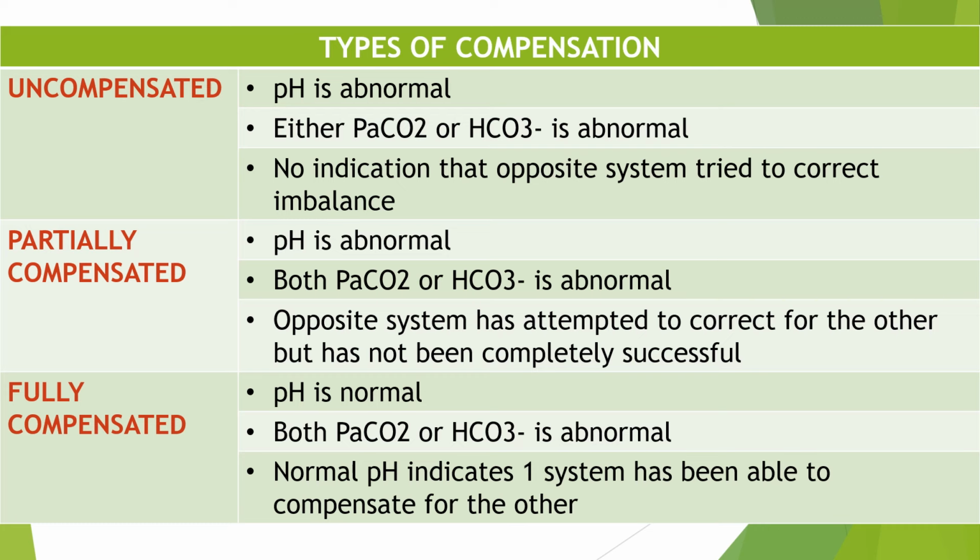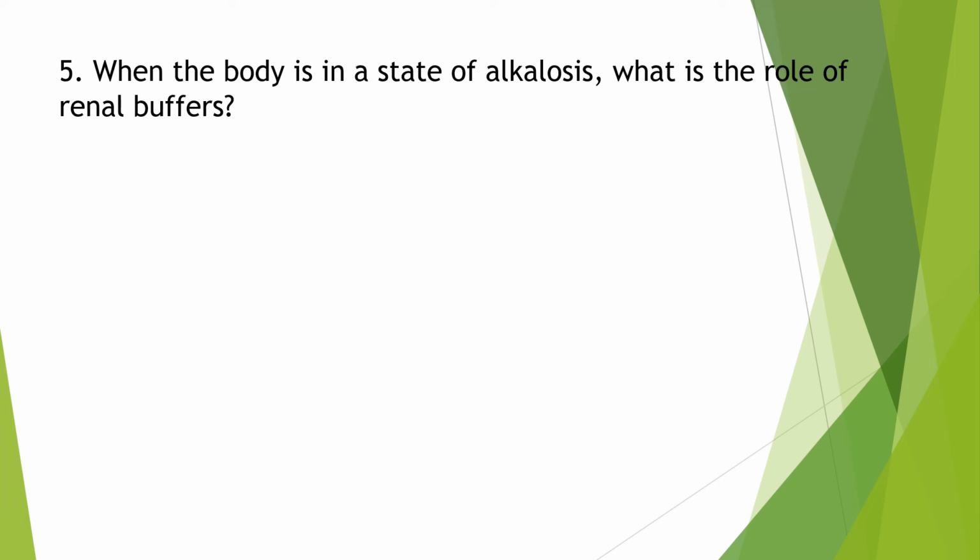Hope you understood. When the body is in a state of alkalosis, what is the role of renal buffers? So here you need to understand certain things. The partial pressure of carbon dioxide is used to evaluate the respiratory component of the acid-base balance. That means the lungs will be regulating the acid-base balance by the ventilatory function.